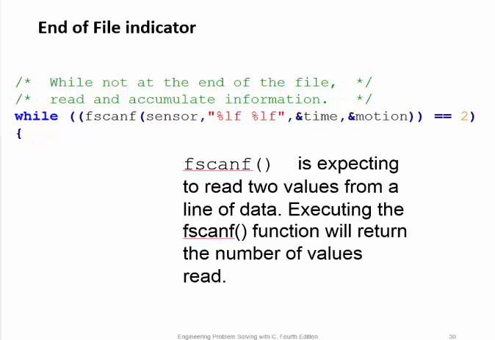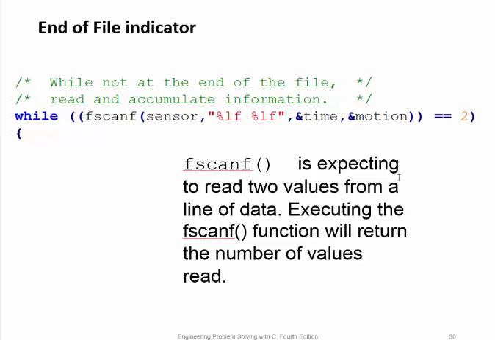The last method, which is the one I like the best in many ways, is the end of file indicator. So again, you still have to know something about the file. You don't have to know if it's 1,000 points or 2,000 points, but I know that in this data record I have 2 columns of data, and every time I scan in one line of data, I read two values and store them into 2 different variables.